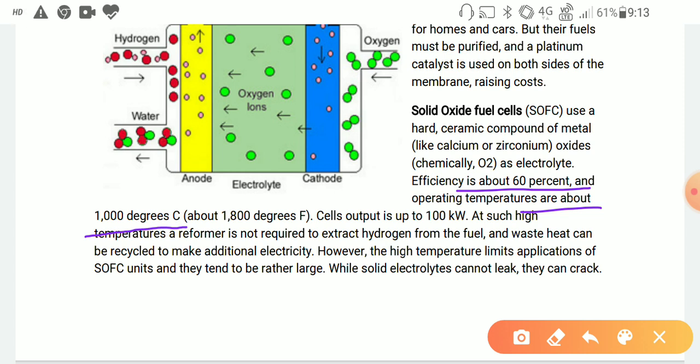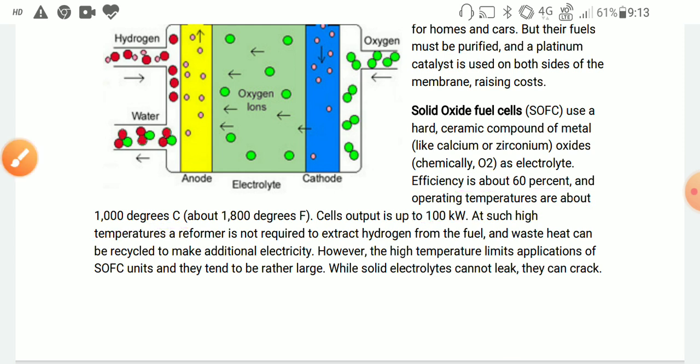Cell output is up to 100 kilowatts. At such high temperature a reformer is not required to extract hydrogen from the fuel, and waste heat can be recycled to make additional electricity. However, the high temperature limits the application of SOFC units, and they tend to be rather large. While the solid electrolyte cannot leak, it can crack.